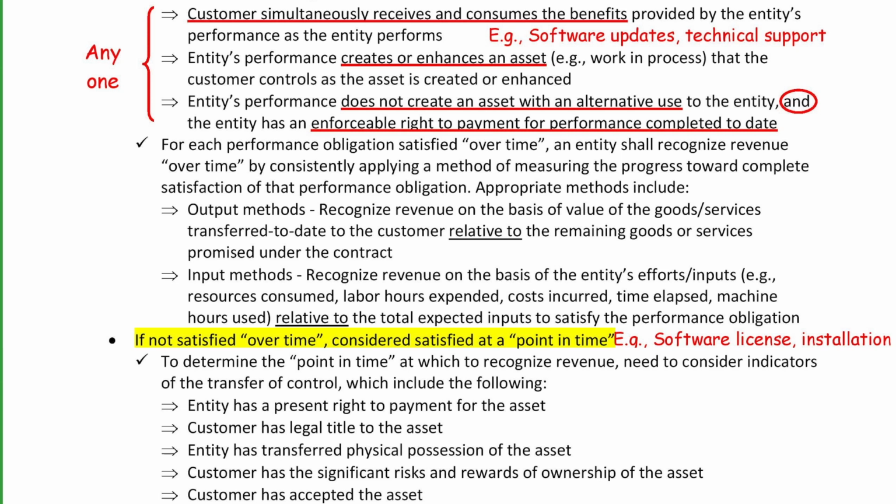So to highlight, determine the point in time at which to recognize revenue, whether it's now or later, need to consider indicators regarding when the control is transferred.